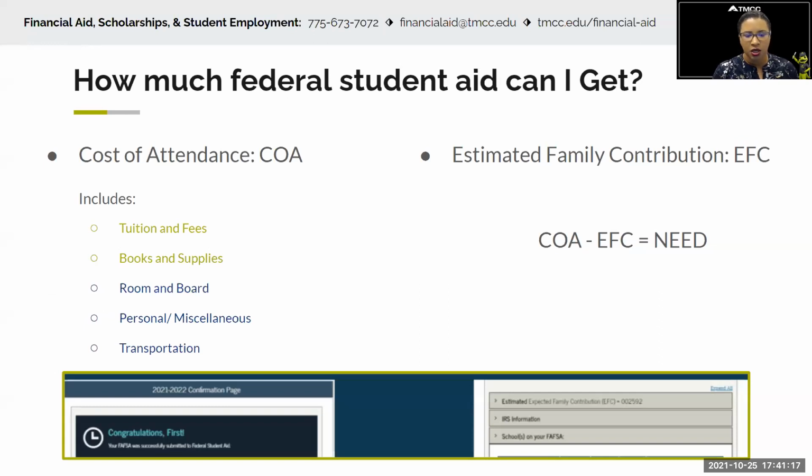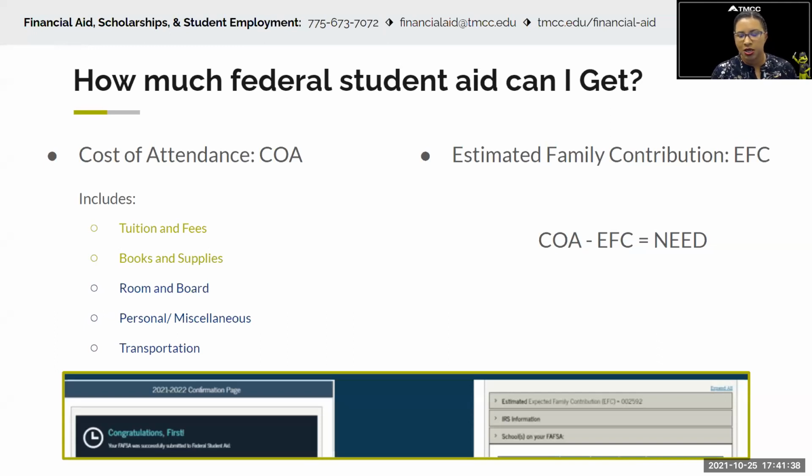So with that, it's important to look at what categories are going to go directly to the school, because if you're living with your parents, maybe you won't have any room and board, although it will be in your cost of attendance, you won't actually have to pay that amount. So when you compare colleges, make sure that you're looking at what you're actually going to need to pay.